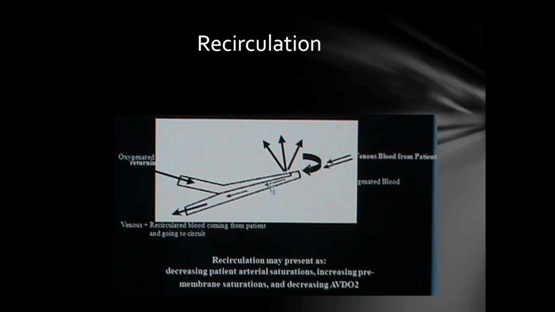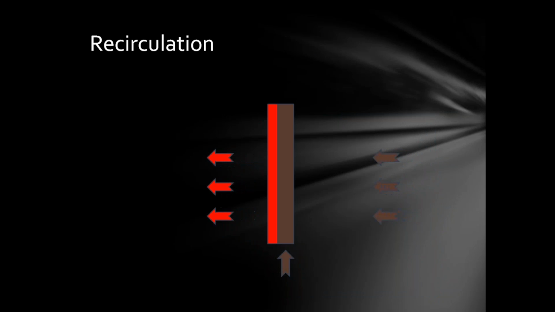And this is what recirculation is: whatever returning blood goes back to the same place. The slide I have already shown you. In a double lumen catheter, there are three ports: one drainage port from the SVC, one drainage from the IVC, and the returning port in the mid-RA.